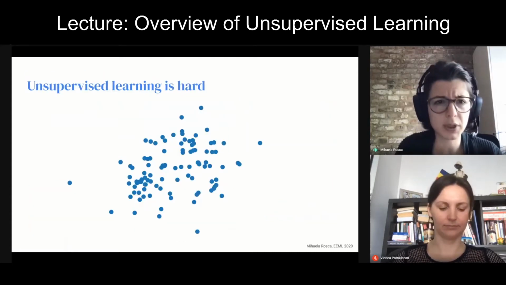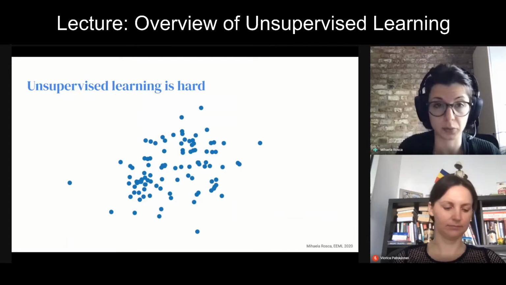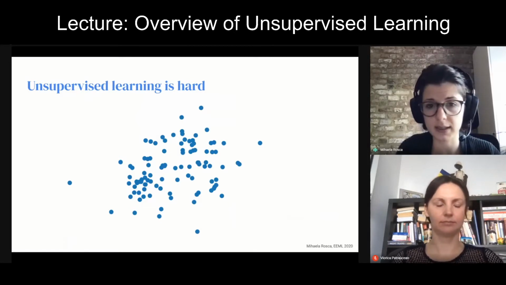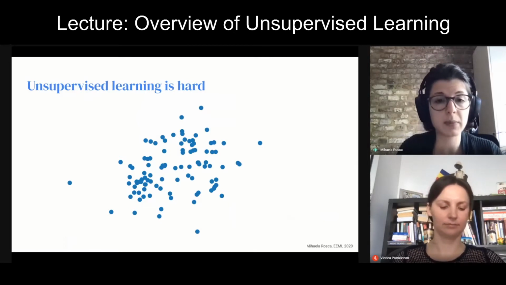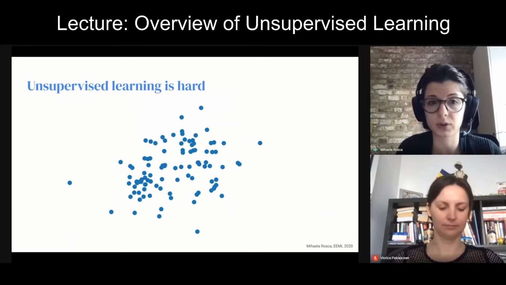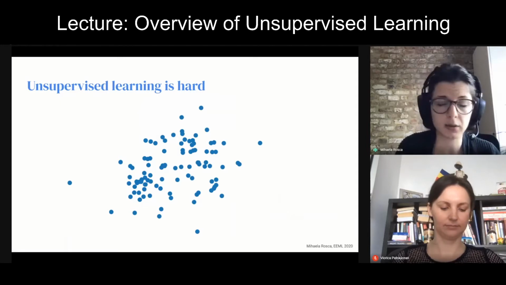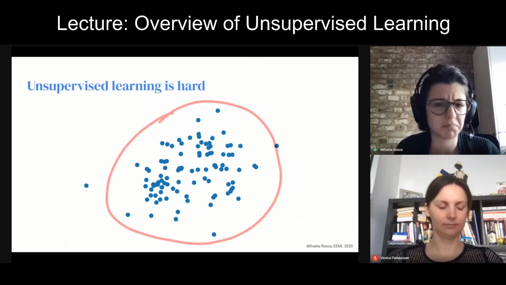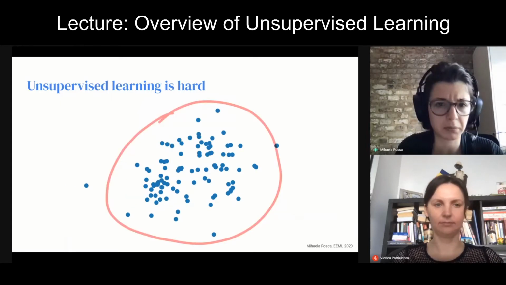I have a very small example here to show you that unsupervised learning is hard. Things often get harder when we have higher dimensional data, but even in 2 dimensions, we can see the difficulty of unsupervised learning. This is some data that I generated, and maybe we can answer the question, well, what kind of distribution could have generated this data? You look at it and you think, well, this could actually be a Gaussian, not too bad.